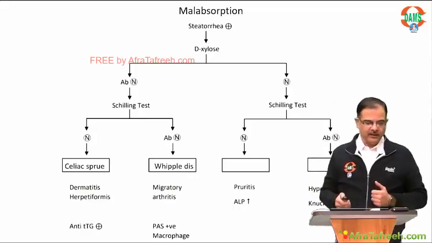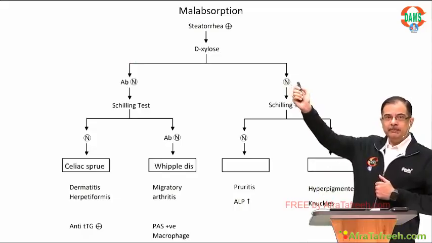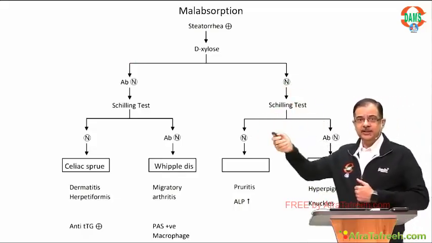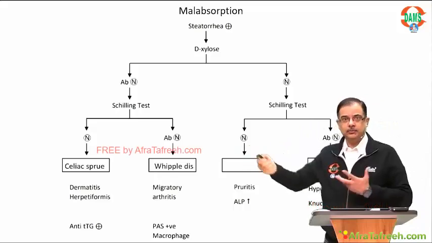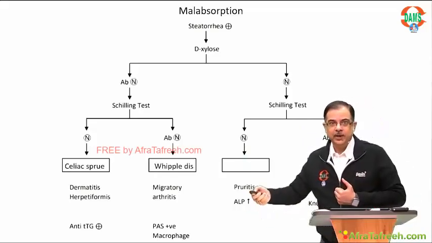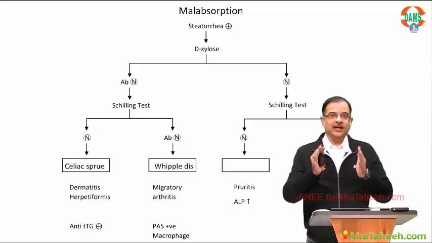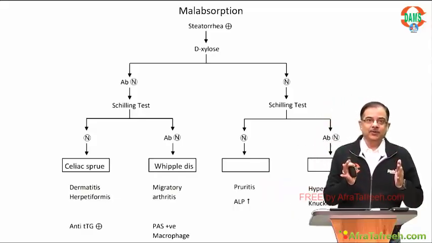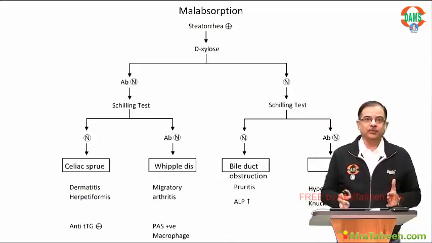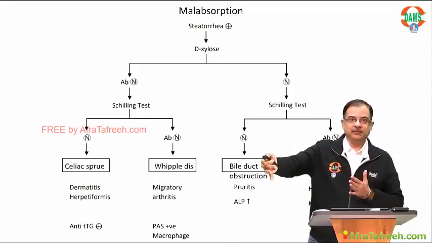While in the third one, D-xylose test is normal, means proximal small intestine is normal, Schilling test is normal, so small intestine is not affected, and the patient has pruritus and ALP levels are high. So what does that mean? That means it is a case of bile duct obstruction. In bile duct obstruction, bile is important for fat absorption.